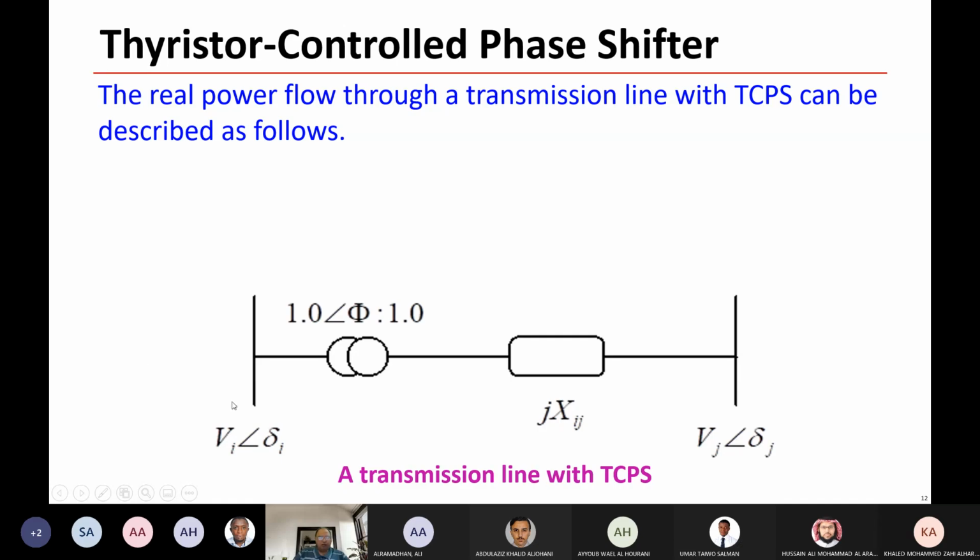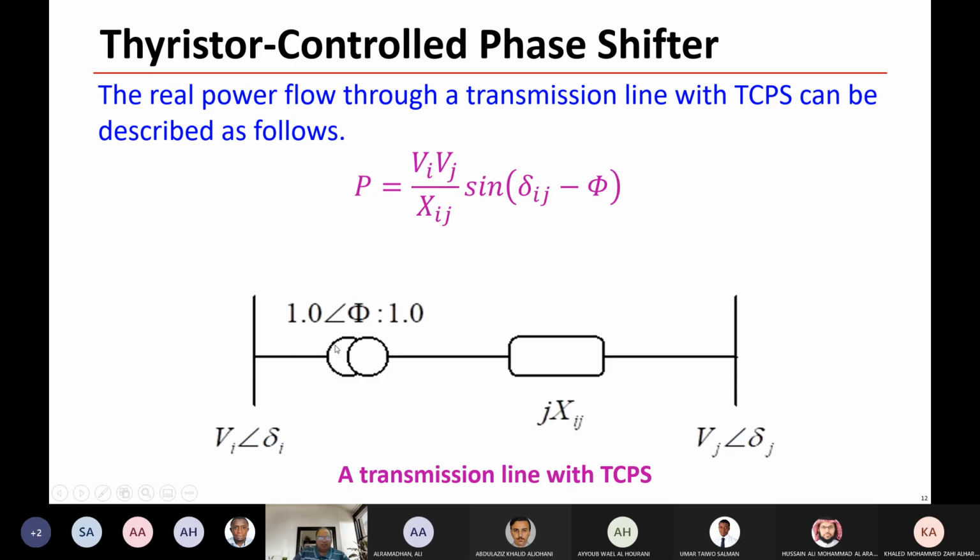So this is the power transfer: Vi Vj over Xij times sine of delta ij minus phi, or plus phi, it doesn't matter. And phi could be positive, could be negative. Of course, you can see here if this is in the primary or in the secondary. If this phi is in the secondary, you may have delta plus phi here. But anyway, phi could be positive or negative, it doesn't matter here.